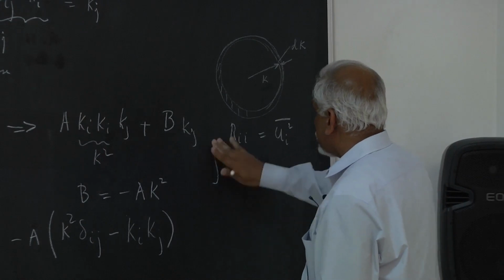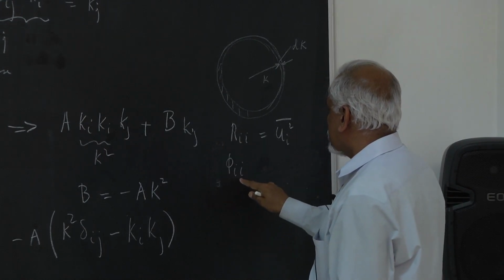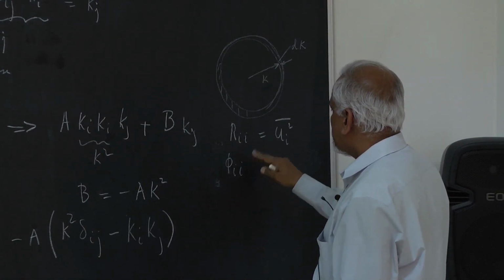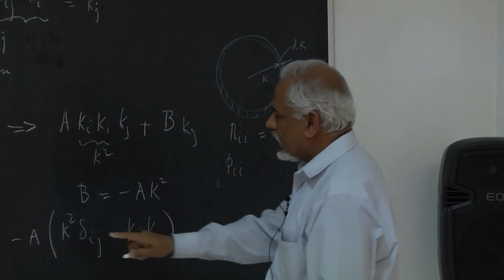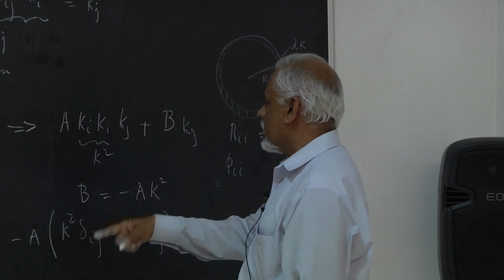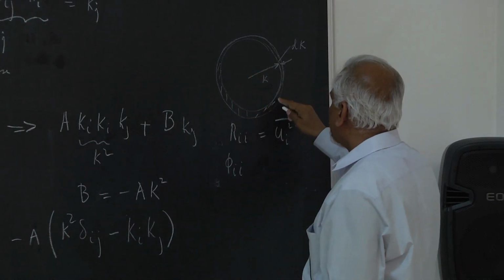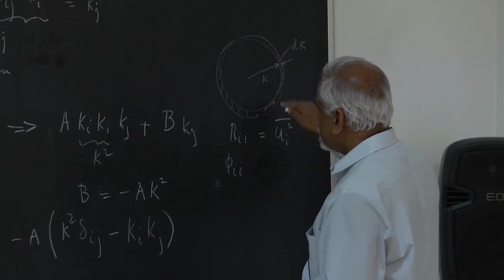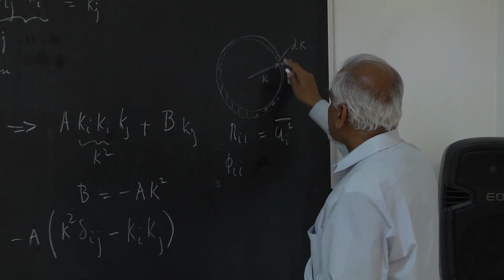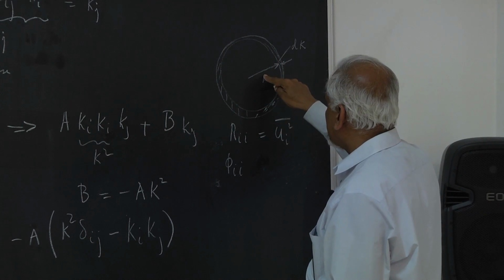Phi I is therefore the spectral energy distribution in the wave number space. And now, because this A is unknown, I'm going to write it in the form of something else that I would like to deal with. I have a sphere, and I look at a spherical shell of thickness dk around the wave number k, and I calculate what that energy is.